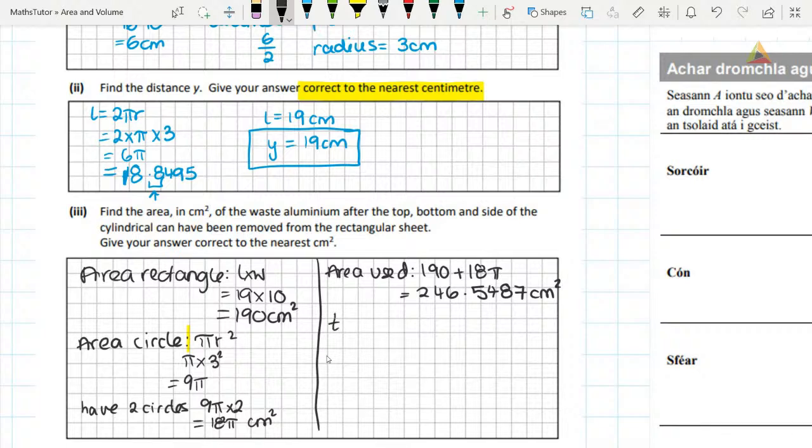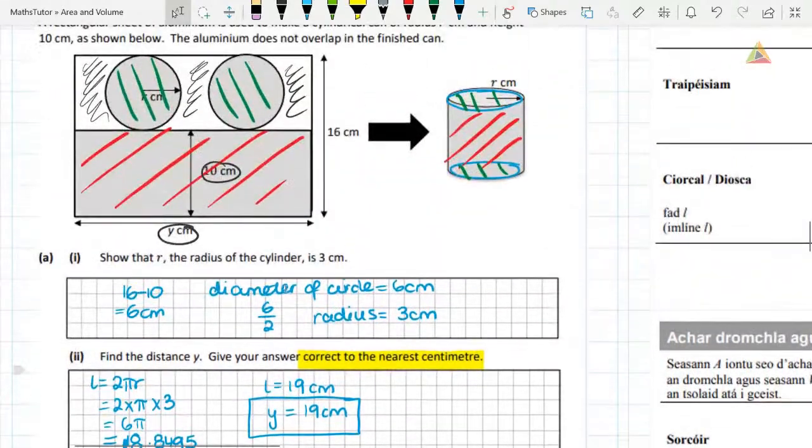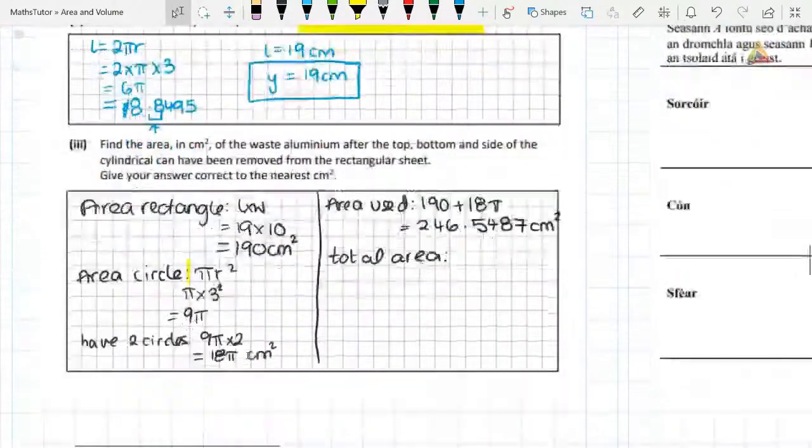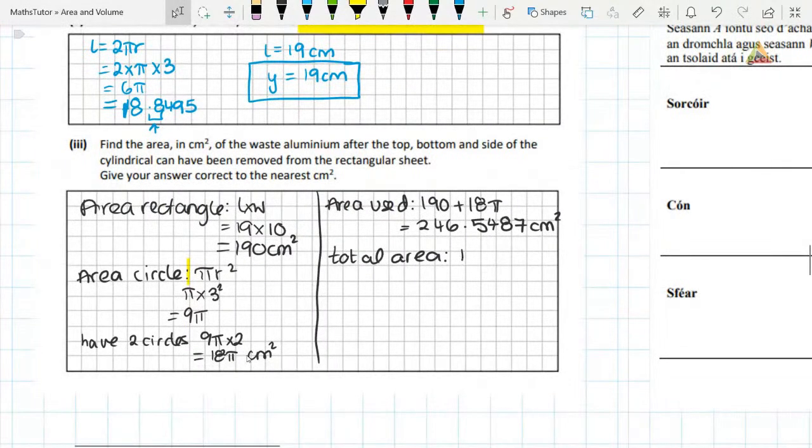The total area of the shape, so if we look at the shape again, that's going to be our y, which we worked out was 19, and our total height is 16. So we're going to multiply those two figures to get our total area. So I'll say 16 multiplied by 19, which gives me 304 centimeters squared.